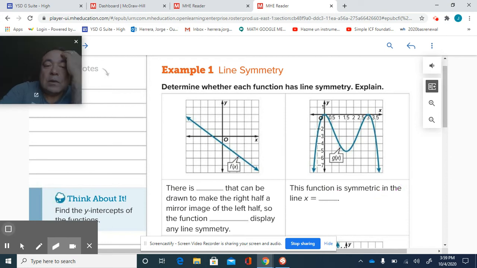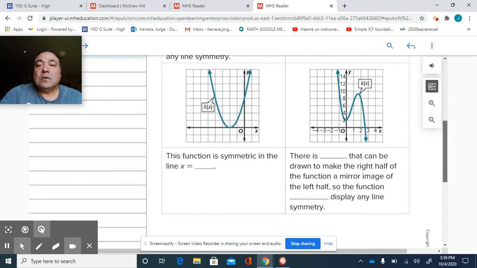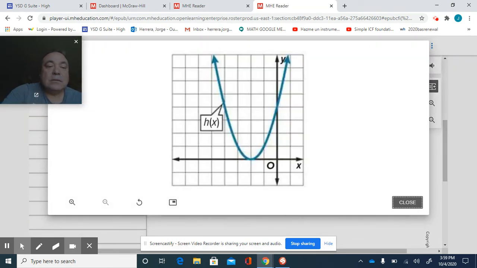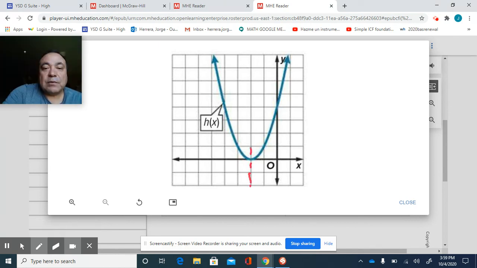Okay, let's try two more. Okay, so here we go. Okay, let's try this one, guys. And immediately you can see the line of symmetry should be somewhere right here. Can you see it? Boom, boom. My line of symmetry will be right about there.